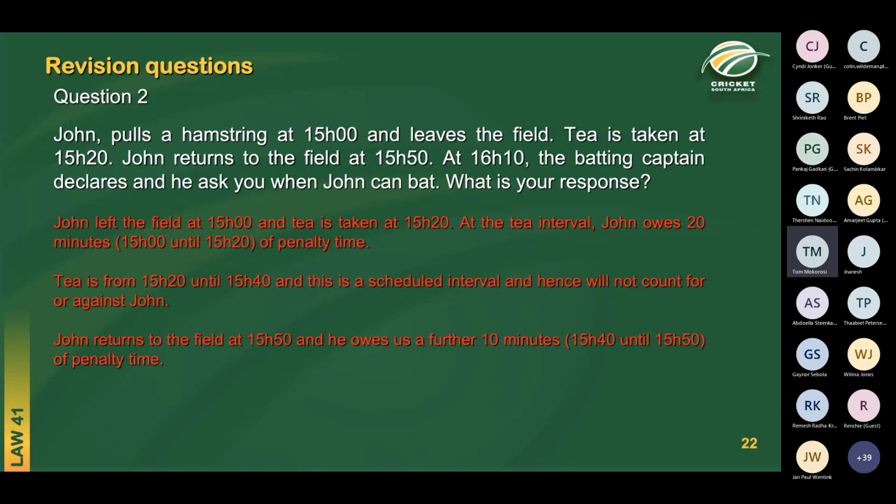John returns to the field at 1550 and he owes us a further 10 minutes, from 1540 until 1550. So at 1550, when he returns, he owes us 30 minutes: 20 plus the 10.